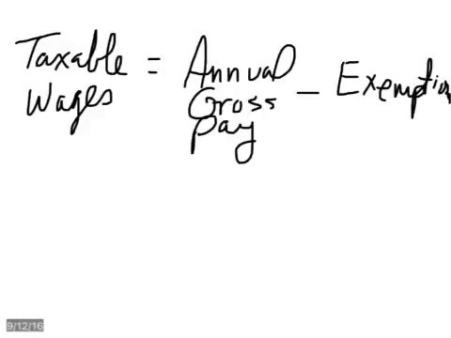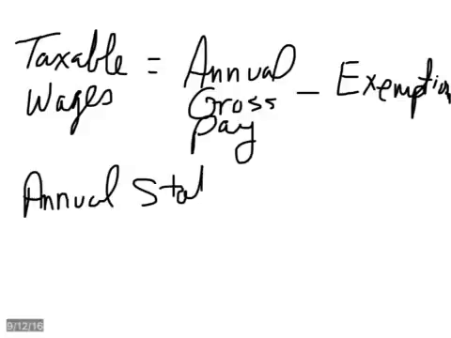That's step one. Step two is you find the annual state tax. And when you're doing this one, it's going to be almost in chart format like that graduated commission was in chapter 1.